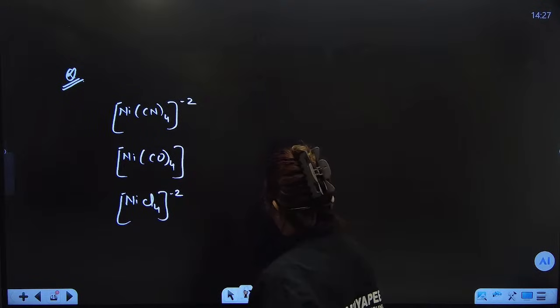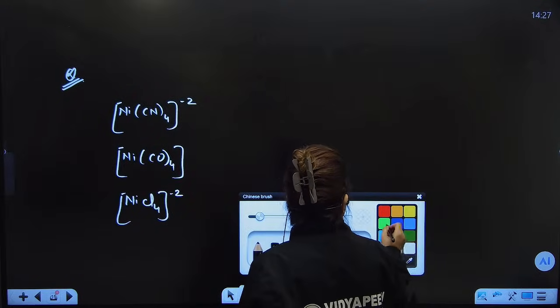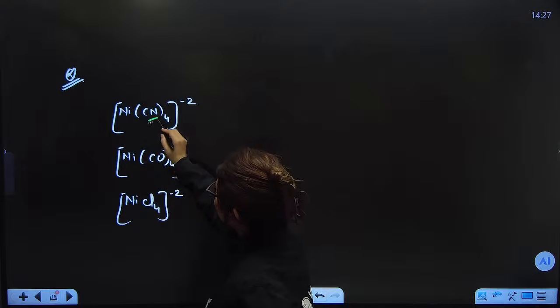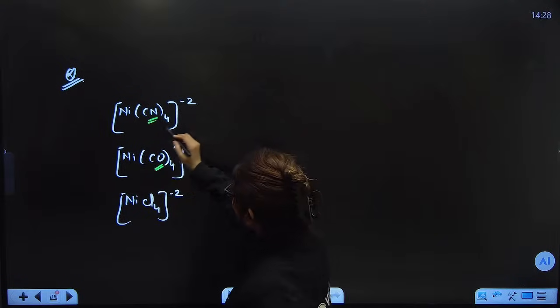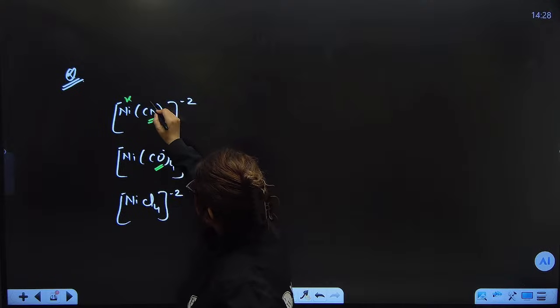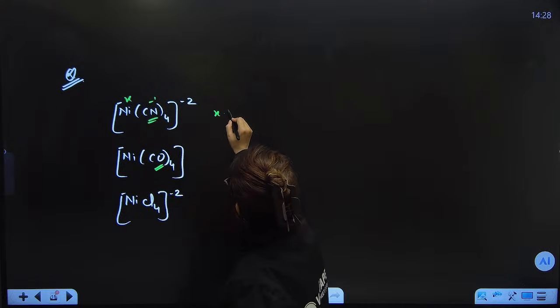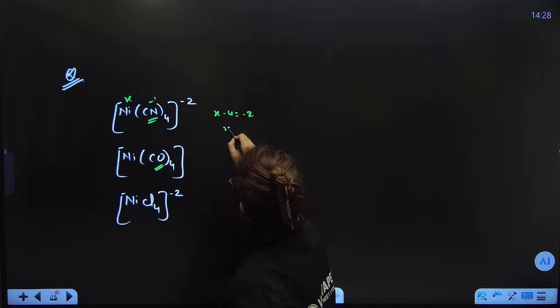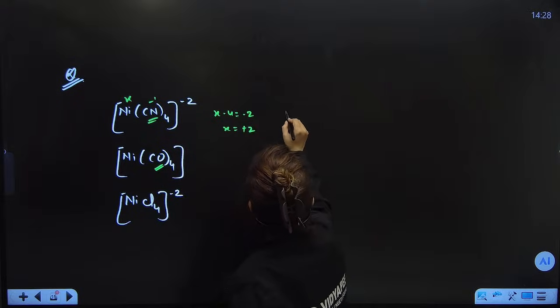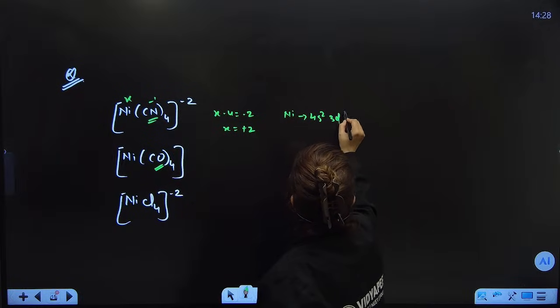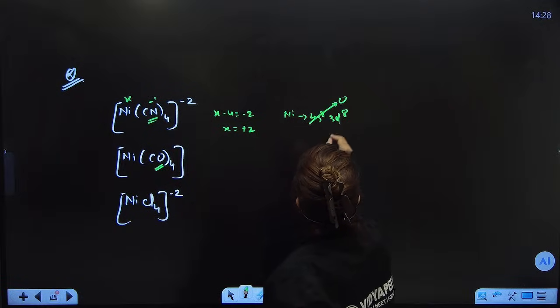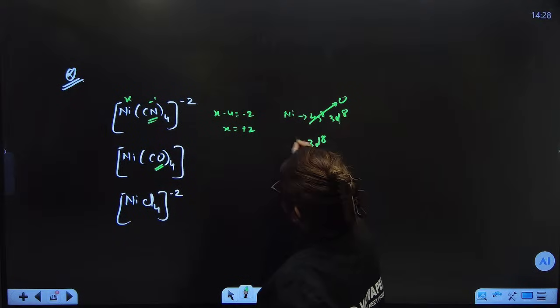So let's find out. If you know the concept, you must know that cyanide is a strong ligand and carbonyl is also a strong ligand, so they must be diamagnetic. Anyway, we check with the oxidation number first. So x minus 4 equals minus 2, so x equals plus 2. Nickel is 4s2 3d8. So basically Ni2+ is 3d8, forcefully paired up.